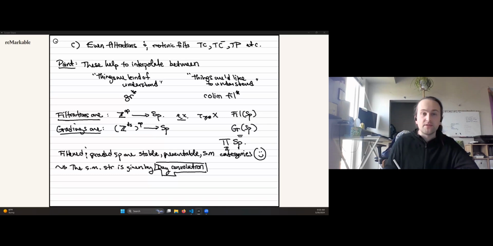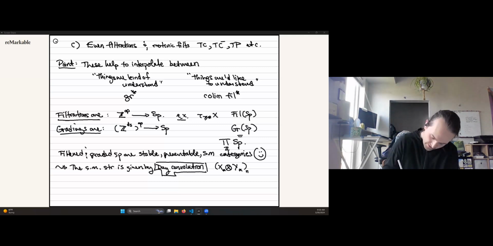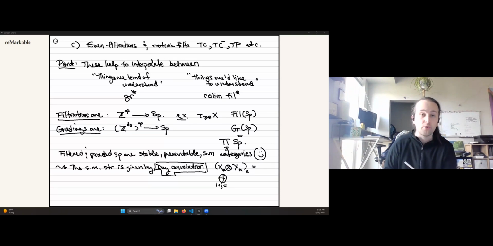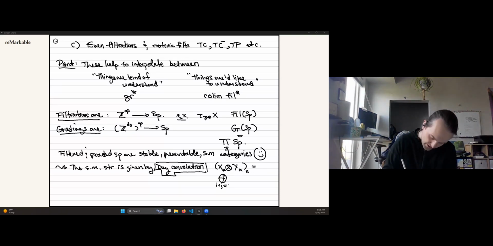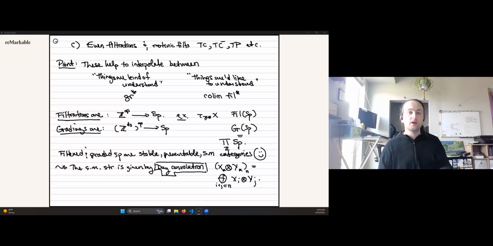Just as an example, if you had two graded spectra, X and Y, and you took their tensor product and you wanted to look at the value at level n, well, this is exactly going to be the usual monoidal product on chain complexes, if that's something you're familiar with. There's a similar formula, which is slightly more complicated, for filtered spectra as well, but you can be pretty concrete about what these things look like.